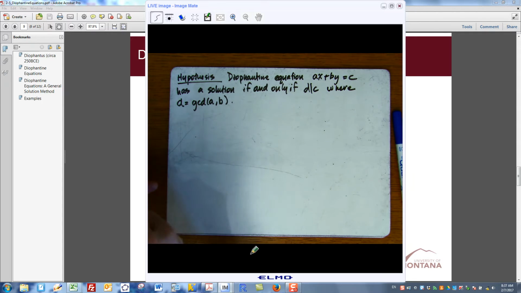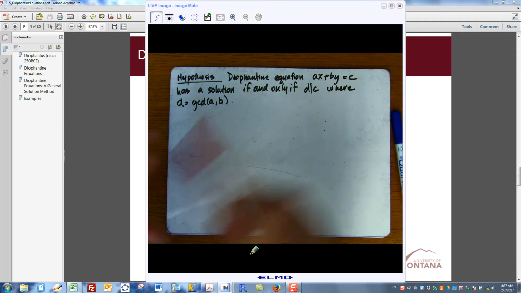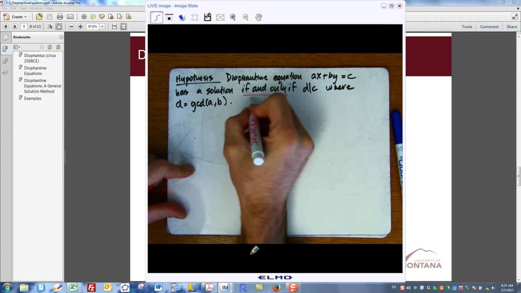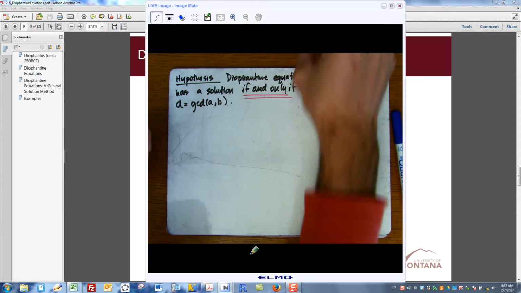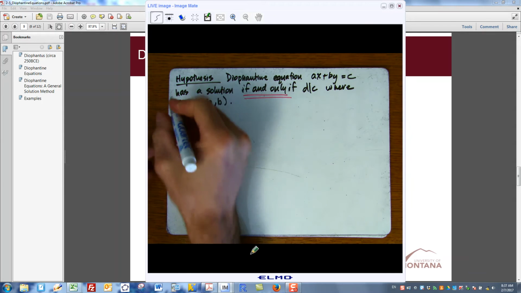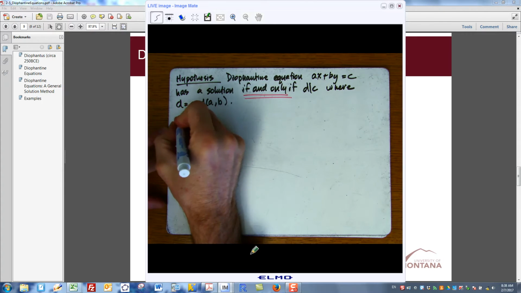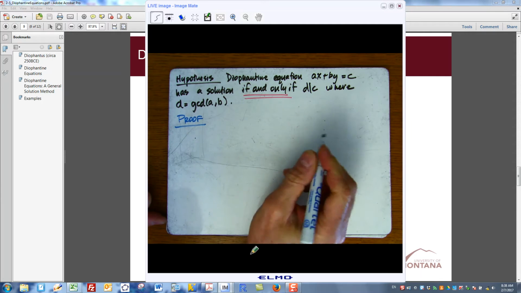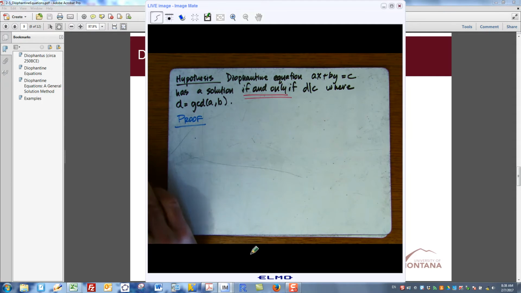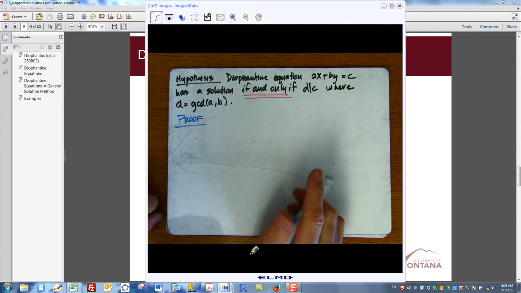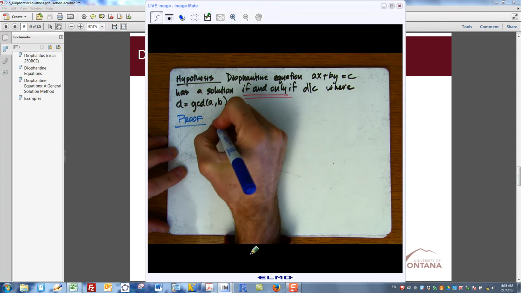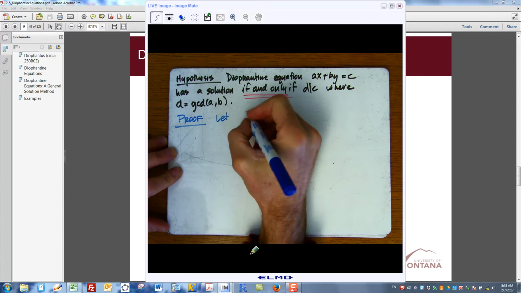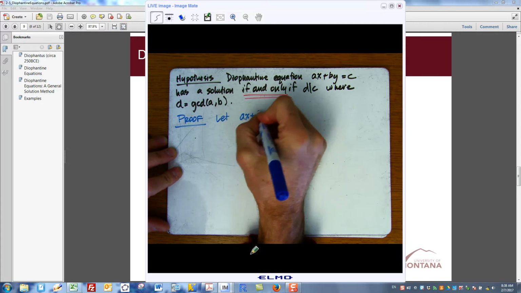Okay, so one thing I want to point out is that this is an if and only if proof, so we need to both show that it's necessary and sufficient, so one direction and the other. Let's go ahead and construct our proof. I'll do the one direction in one color and the second direction in the other. So let's let ax plus by equal c.